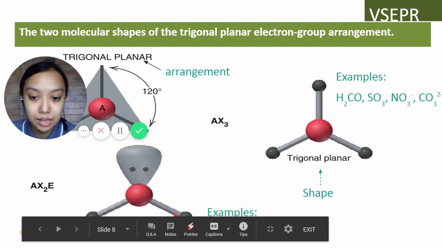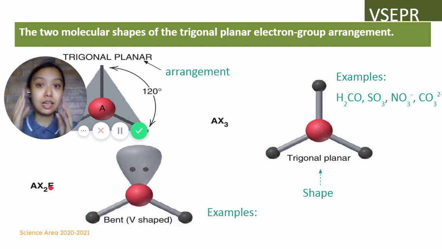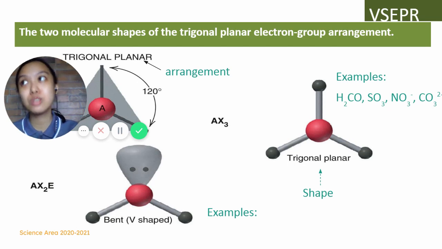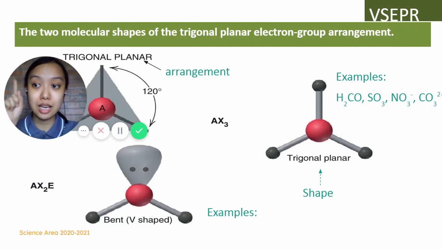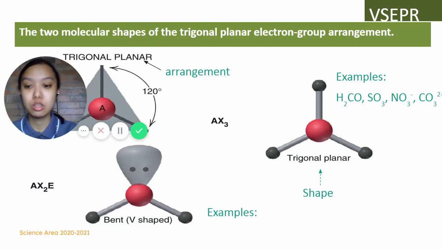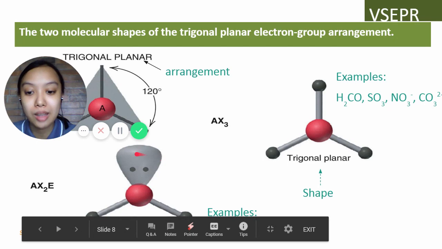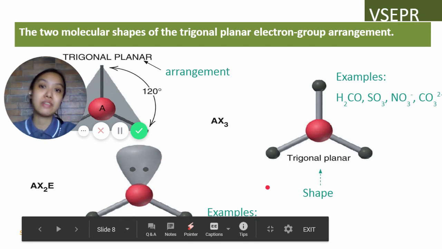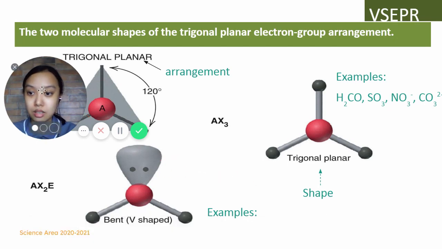And E does not have a subscript. This means that there is only 1 lone pair of electrons. If there is no subscript, automatically it has a subscript of 1. So there is 1 lone pair attached to it, and that's why we have the bent shape.